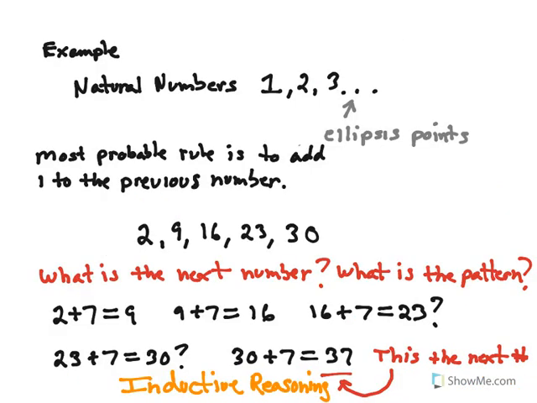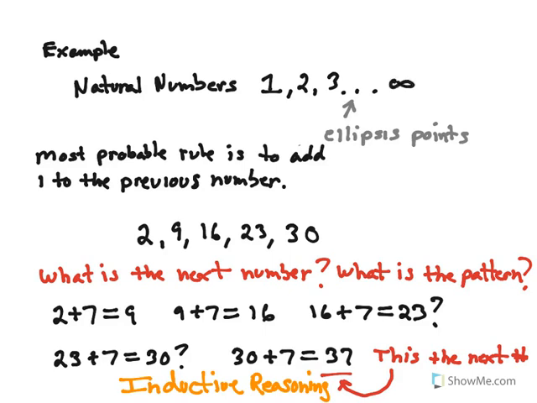So let's look at a specific example where inductive reasoning is used. For example, consider the natural numbers, which are pretty much the everyday counting numbers that we use. They start off with 1, they continue to 2, 3, all the way to positive infinity.